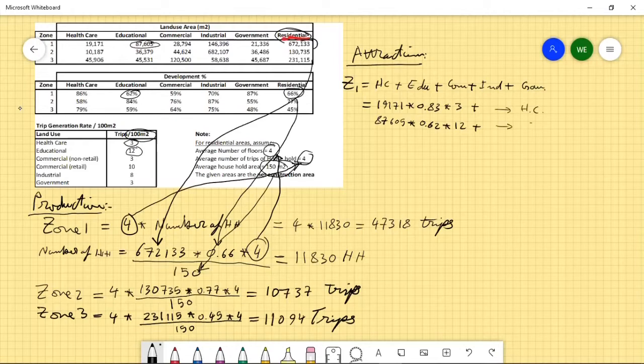This one for the educational. And let's go to the commercial. Commercial, we have 28,794 multiply 0.59 multiply 3 plus, so this is the commercial.